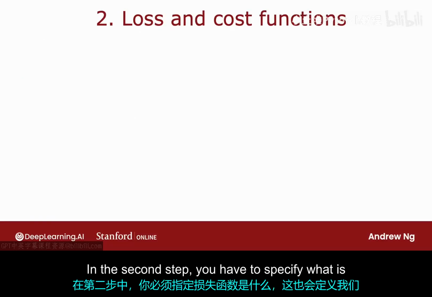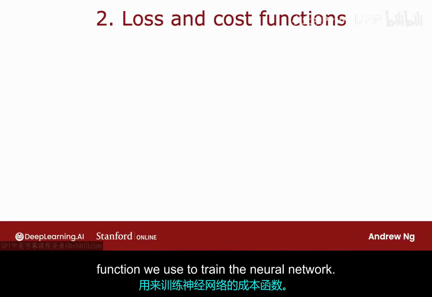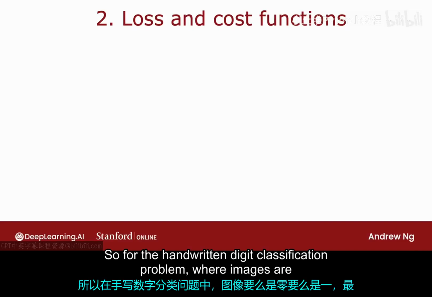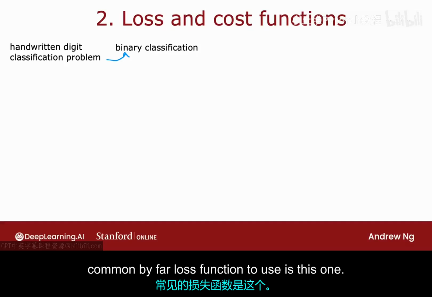In the second step, you have to specify the loss function, and that will also define the cost function we use to train the neural network. For the handwritten digit classification problem, where images are either of a 0 or a 1, the most common loss function by far is this one.